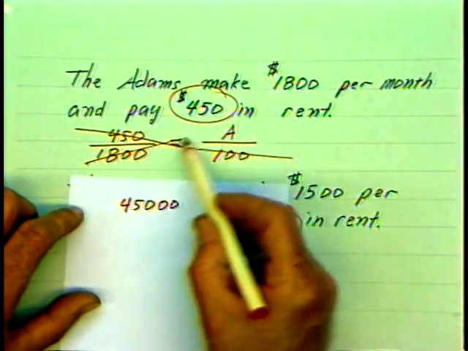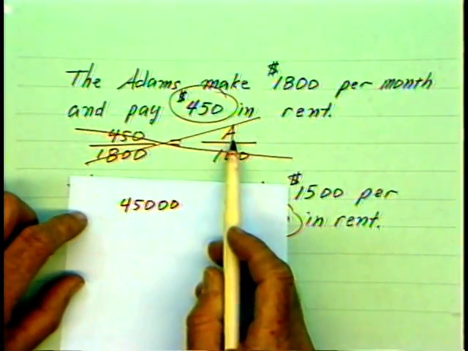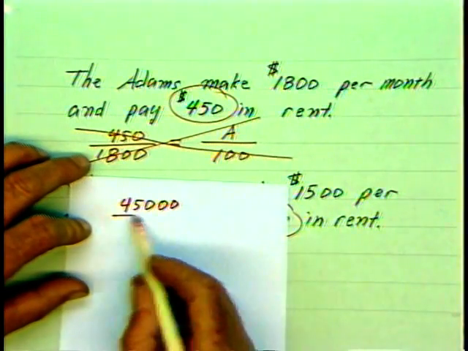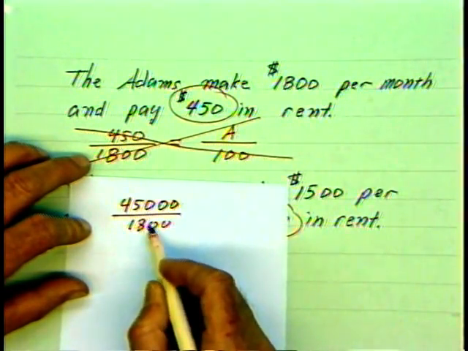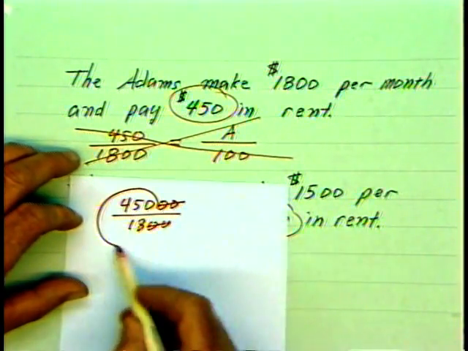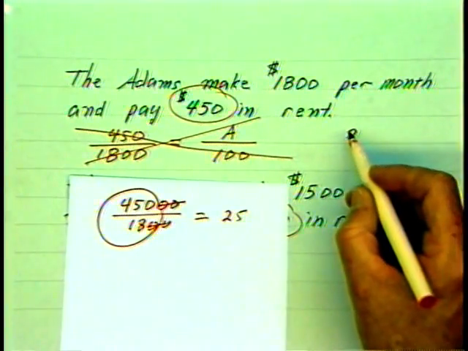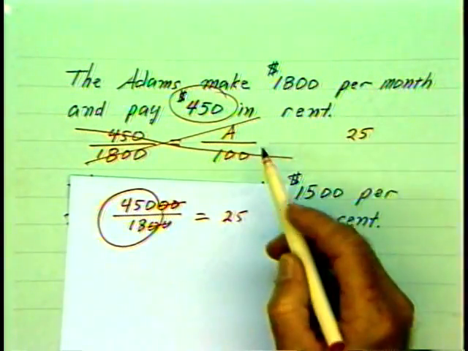Then we divide by the number on the diagonal with the letter or the variable, reduce it, divide this out, and we would have that the A is 25 per 100.